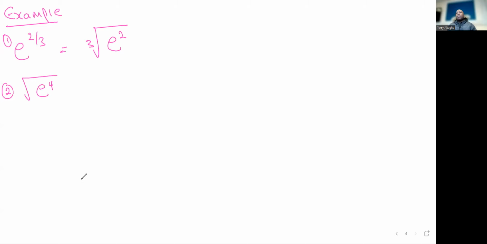So let's pick an example, for instance. Let's say we have exponential of 2 over 3. This means the cube root of exponential of 2. Okay? So you can also go the other way around. If you're told to find the square root of exponential 4, remember in the laws of indices, I told you the square root of a is the same thing as saying a raised to the power 1 over 2.